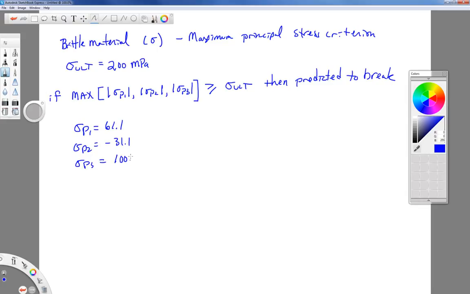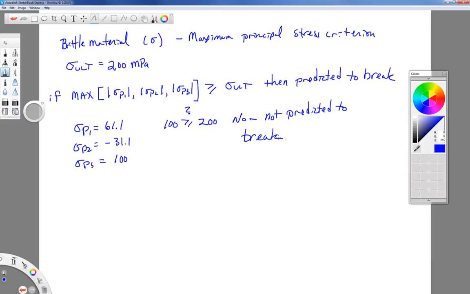If I look at these, the biggest magnitude is 100. And so I do a comparison. Is 100 greater than or equal to 200? So in this case, no, not predicted to break. All right, so that's pretty much all there is to that.